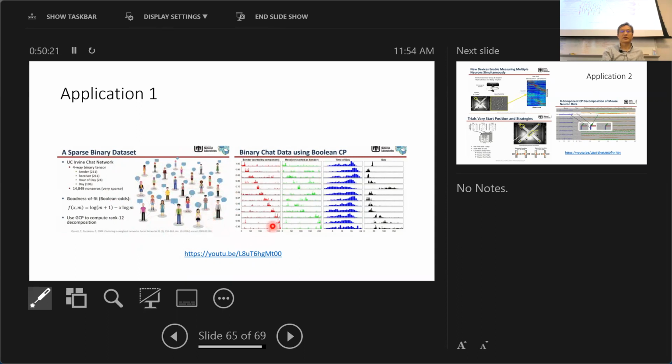Once you have this time series network, you can decompose it into red, green, blue, black components, and each of these components gives you some information about the dynamic interaction network. I can't see exactly what the values are, but you can visit YouTube to find some information.